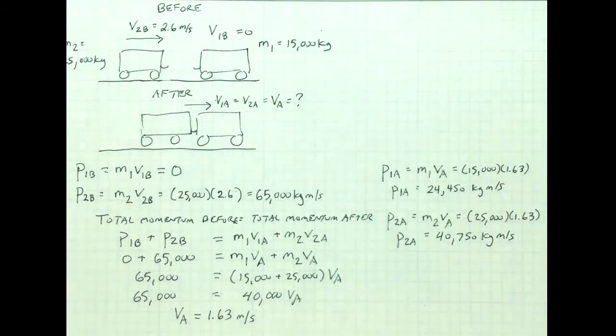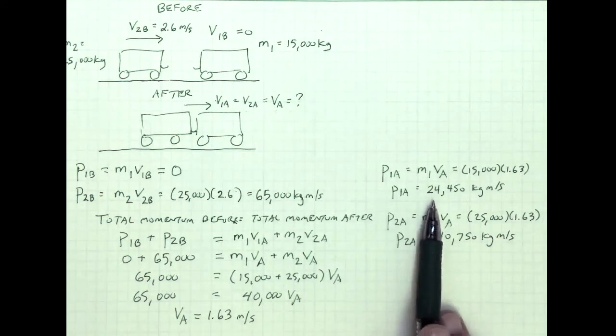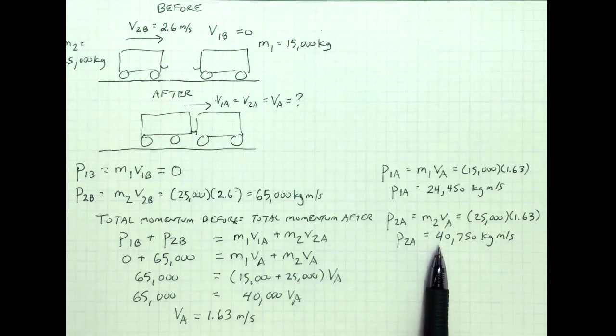So, car number 1 gained a little bit over 24,000 kilogram meters per second, where car number 2 lost a little bit over 24,000 kilogram meters per second. Any discrepancies are simply due to rounding error.